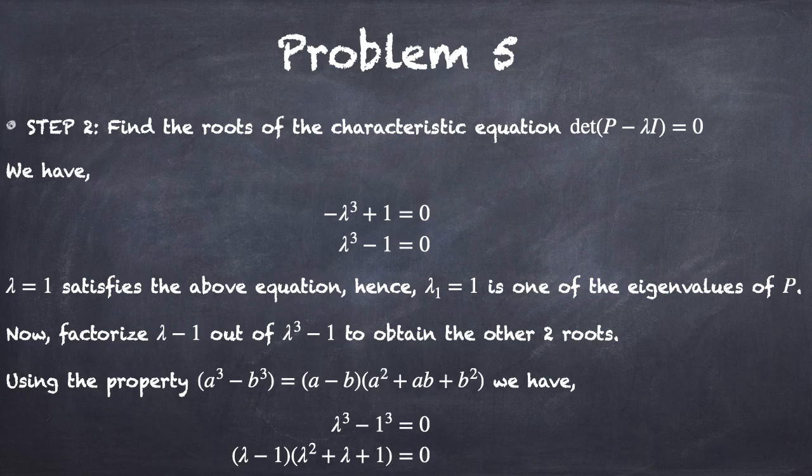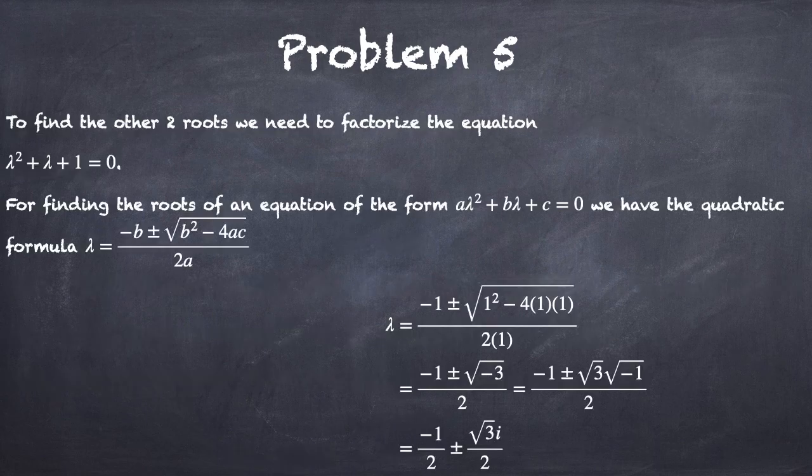That tells you that one of the roots is lambda equals 1, and the other two roots would be found by solving the equation lambda squared plus lambda plus 1 equals 0, which is the second part of the product we obtained. If you want, you could use long division and you'll get the same result. You can verify that. So now we need to find the other two roots.